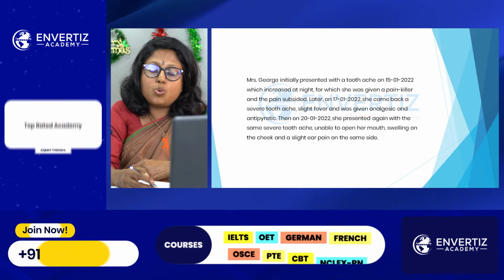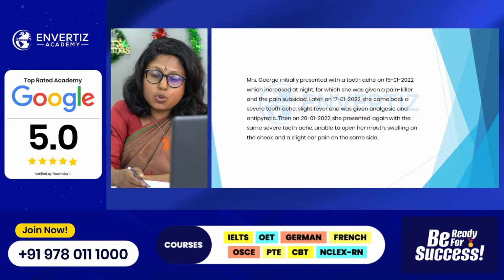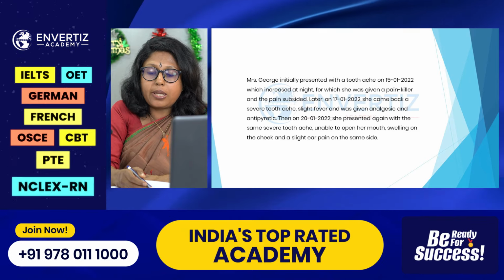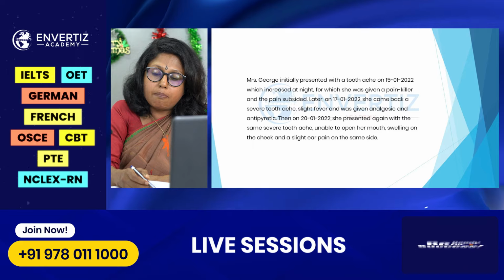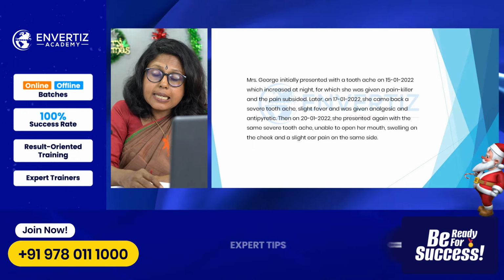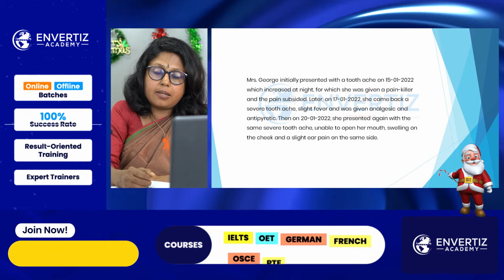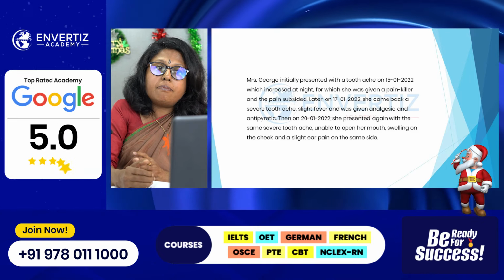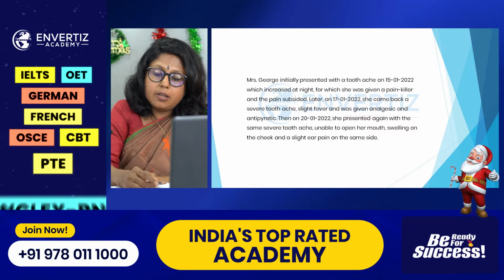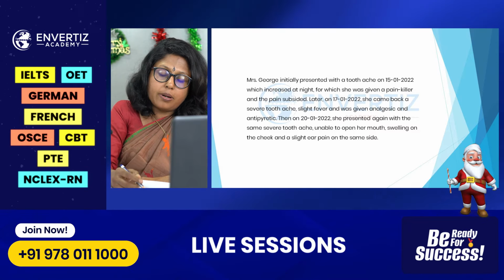Then, on 21/2022, she presented again with the same severe toothache, unable to open her mouth, swelling on the cheek, and a slight ear pain on the same side. Well, I have actually given you almost all the information that was required, but let's see the next one.